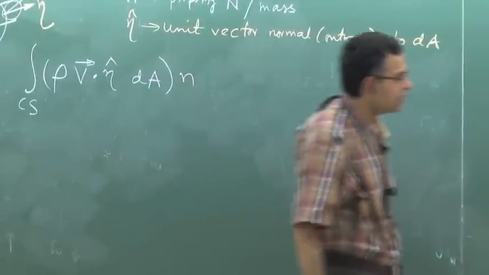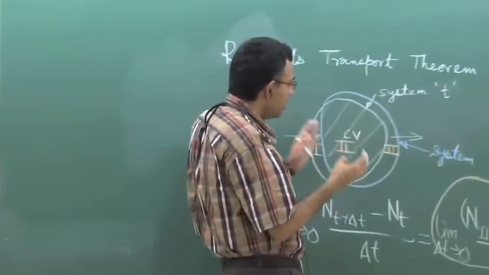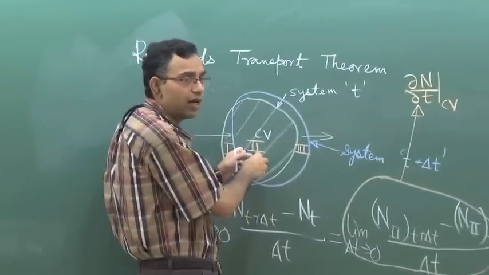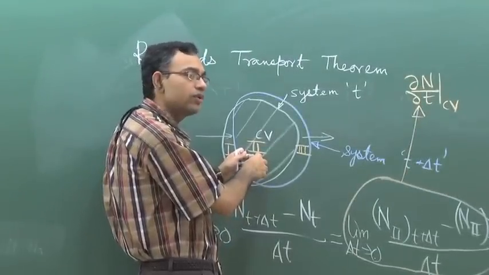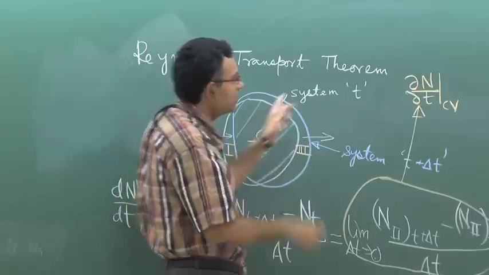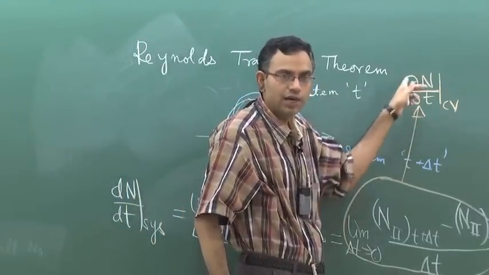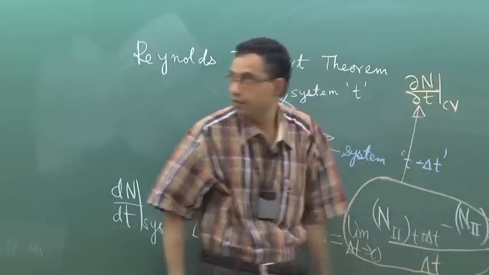Why partial derivative? Because you are fixing your location and at the same location you are finding the change of property with respect to time. So, change of property with respect to time at a fixed location. That is why partial derivative and not ordinary derivative.